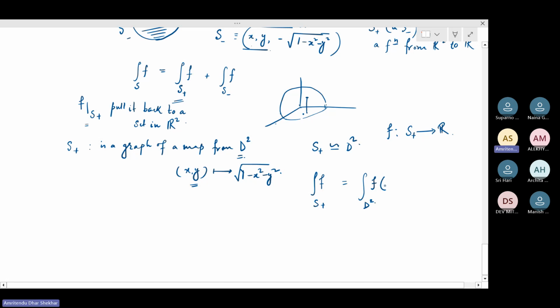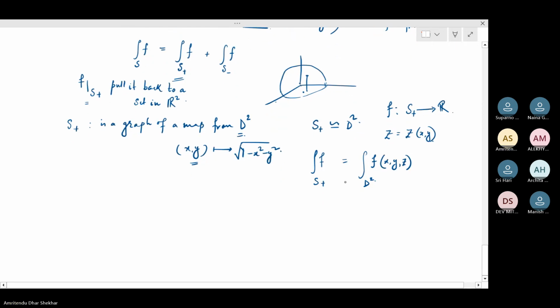So let's say if you have f of x, y, z, then you have essentially pulled it back, right? By writing z as a function of x comma y. Okay. And now you know how to do this integral because of course, we have solved these kinds of integrals in our previous classes.